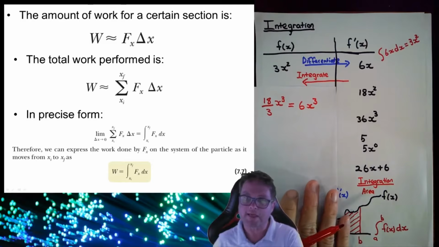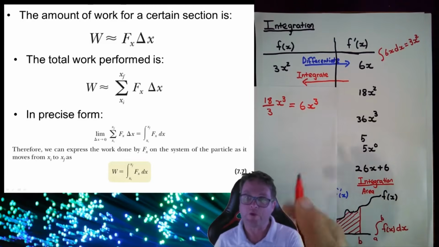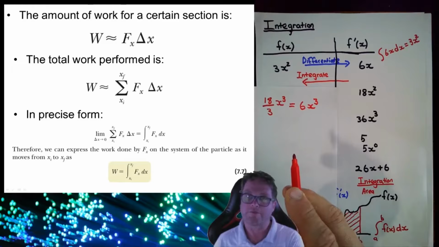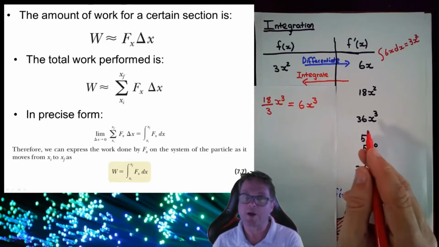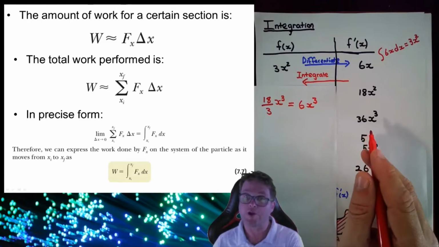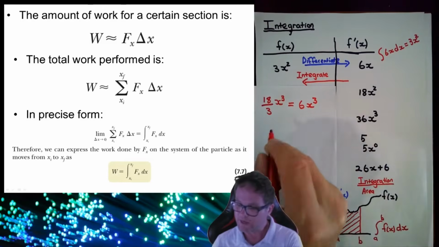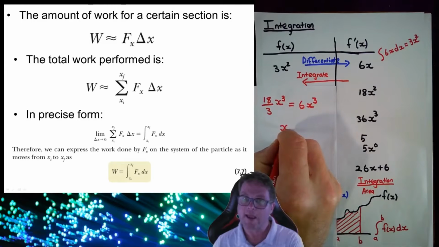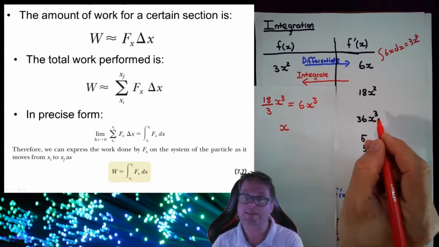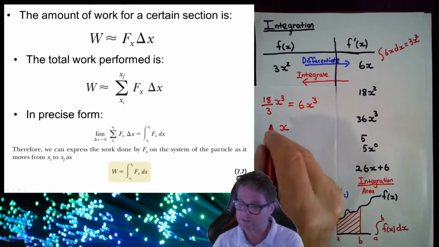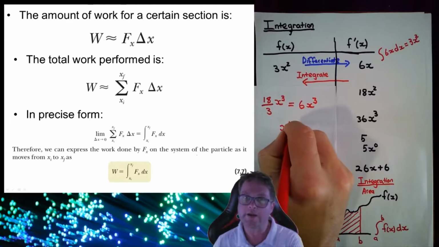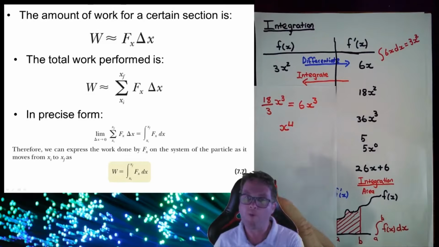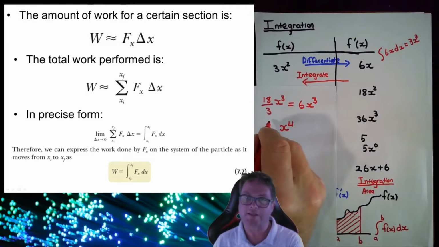Let's have a look at another example. If we want to take the function 36x to the power of 3 and integrate it, I start off by writing the x, and this time the power is 3. Remember, I need to increase this power by 1, so I change the 3 to a 4, and then I need to divide the number 36 by the new power.